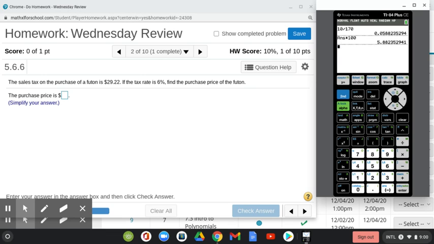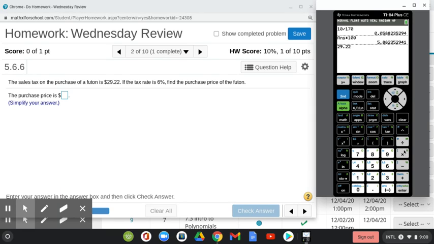So this is like a percent proportion. You can put this over x equals 6 over 100. And you end up finding your total by multiplying your purchase price, 29.22.